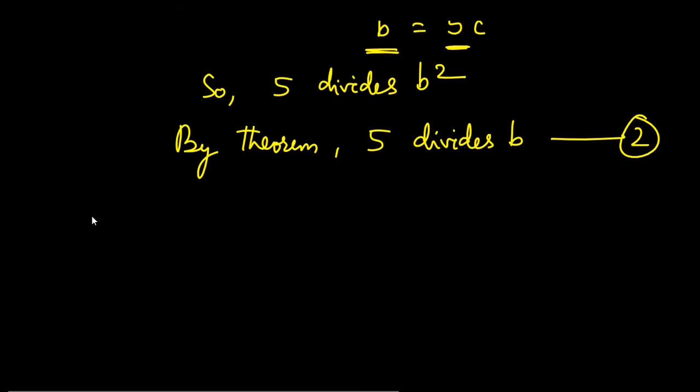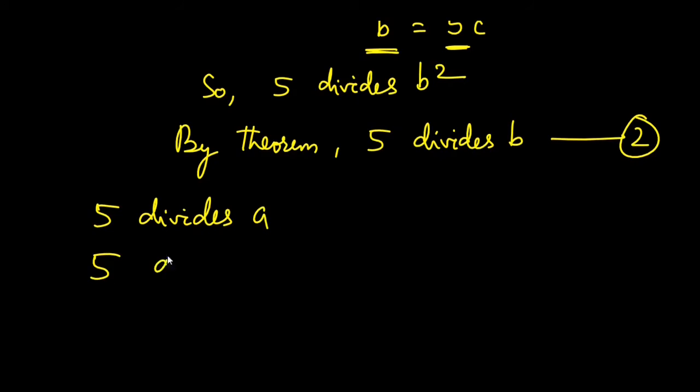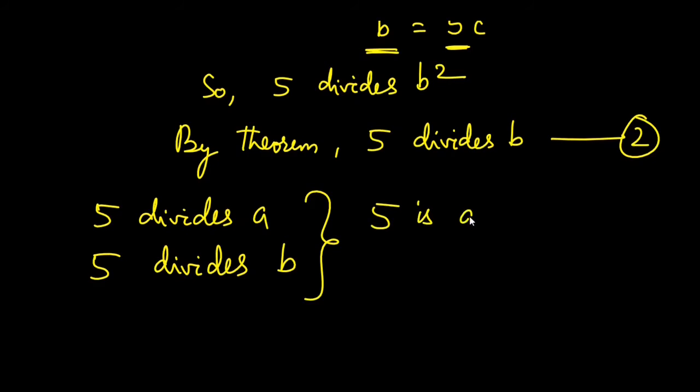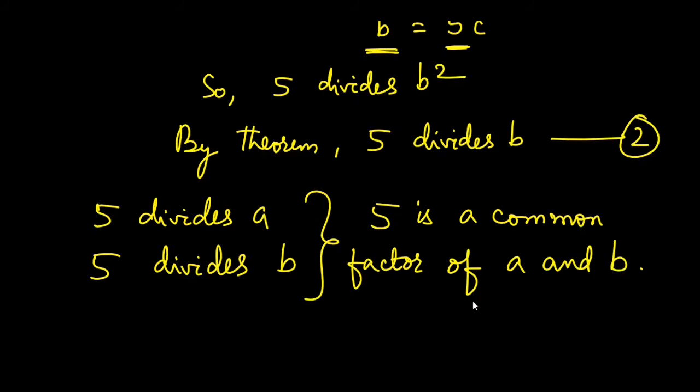So the first result and second result are 5 divides a, 5 divides b. From these two, 5 is a common factor of a and b.